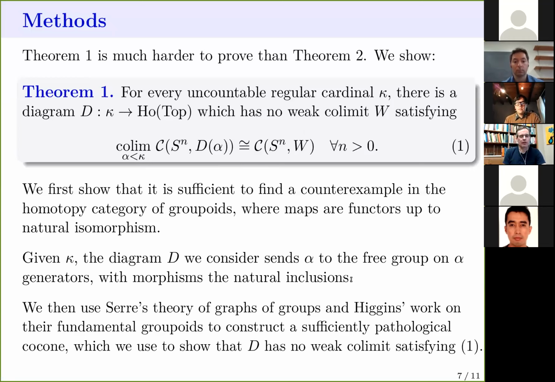That involves working with the word problem in a very complicated groupoid. Serre's book on trees has a theory of graphs of groups that we use, and Higgins has extended that to give a lot of results about groupoids and fundamental groupoids of things that you construct in that way. We have to rely on these results, and that's the trickiest part of the argument.